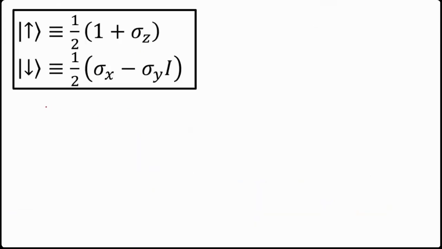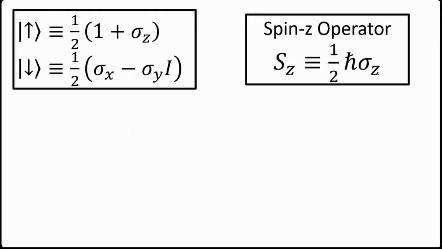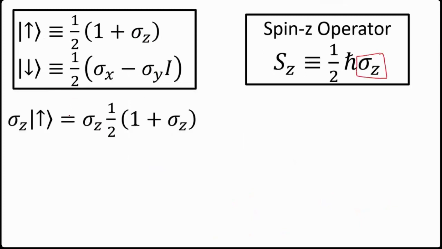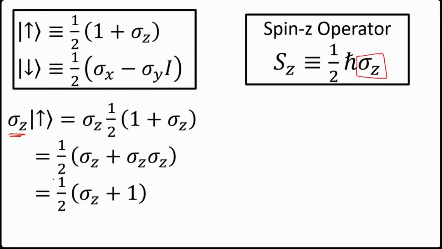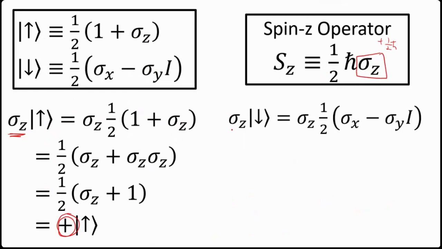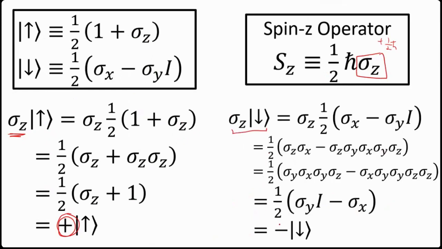And then I think this was the really important part, where I showed how sigma z acts on them, because this is how you get the expected value of spin in an intro to quantum mechanics class. I showed that when sigma z acts on up, you get a plus, which gives you a plus 1/2 h bar expected value. And when you operate on spin down, you get a minus, which gives you a minus 1/2 h bar expected value.